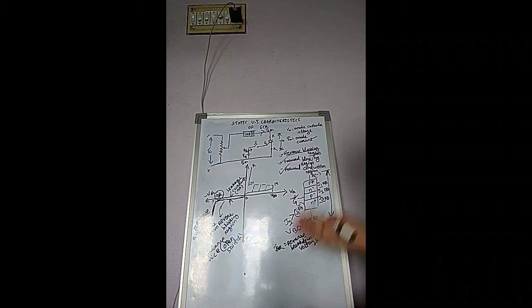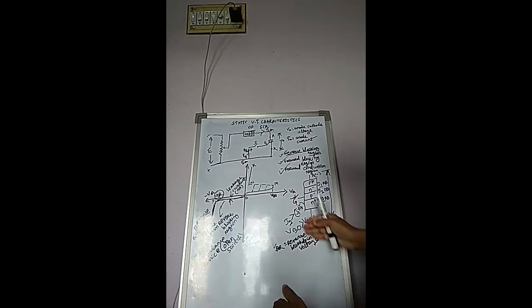So when we increase the voltage across anode and cathode, the thickness of the depletion layer will decrease. They are inversely proportional to each other. So here the thickness of J2 is greater as compared to this, so what happens? When I tell you what this VBO is, we will understand this point more clearly.